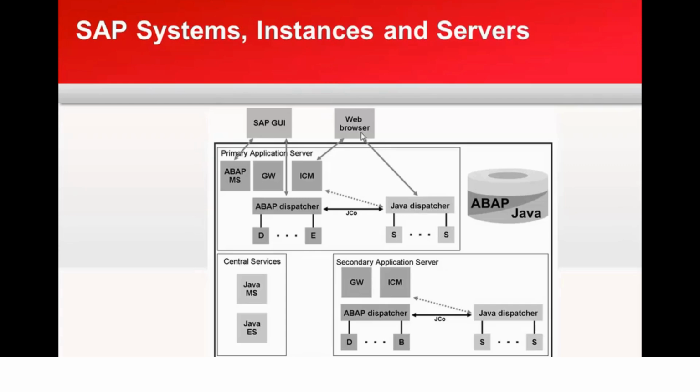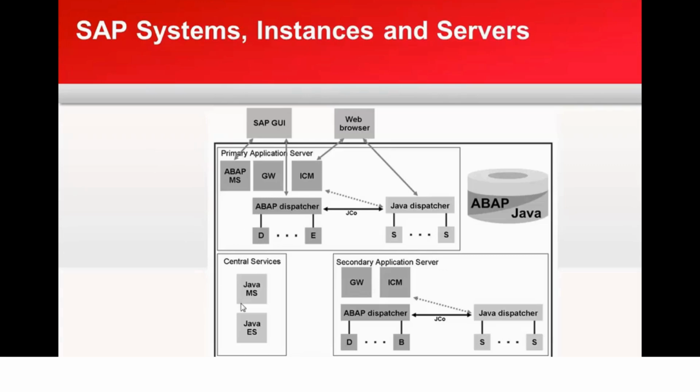On the Java side, using a web browser, you connect to the Java dispatcher, which in turn distributes the requests to the server processes. Between the ABAP dispatcher and the Java dispatcher, the connectivity is through JCo, that is Java connectors.